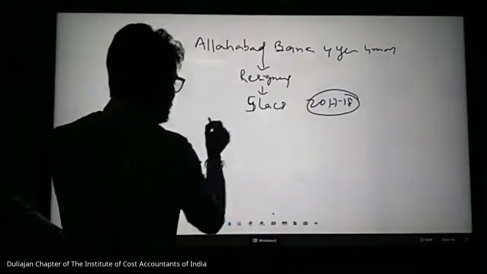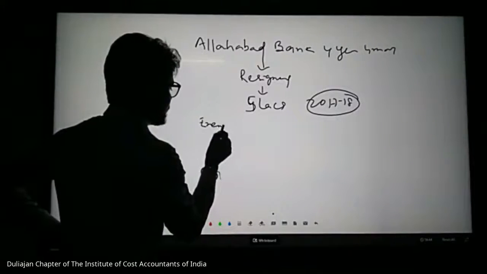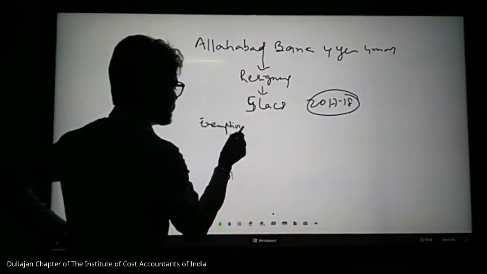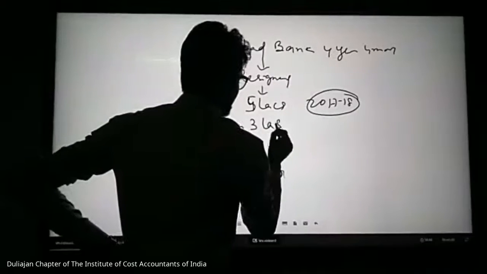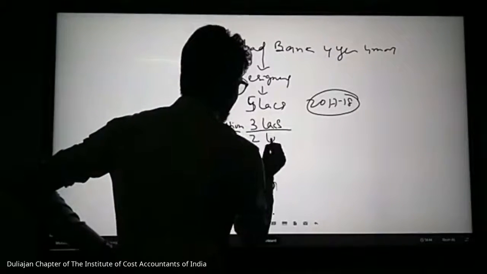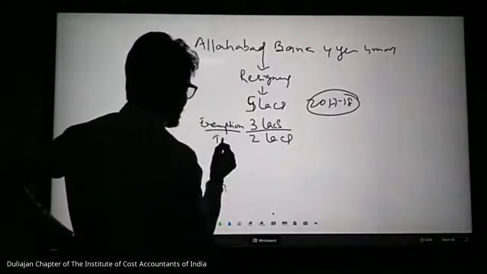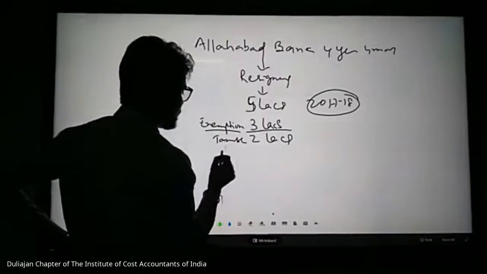Then I calculated my exemption limit, say rupees 3 lakhs. I'll not go deep into how I calculated it. Then I paid tax on rupees 2 lakhs.